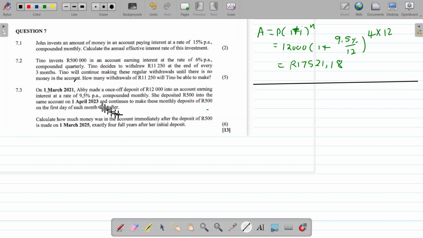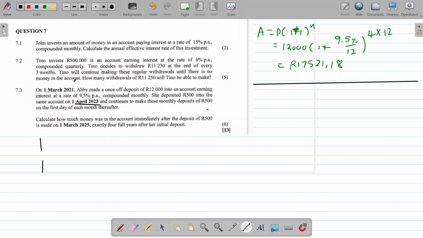And when is her first payment? It's on the 1st of April 2023. If we go from the 1st of March 2021 to the 1st of March 2023, that's 2 full years. But if we go to April 2023, it means 2 full years and a month.